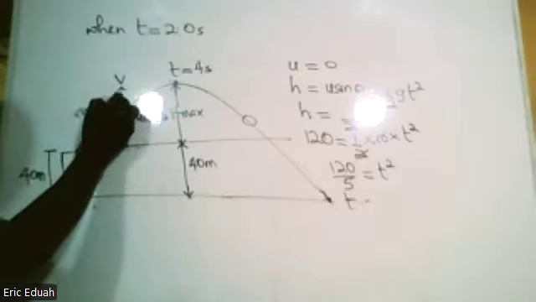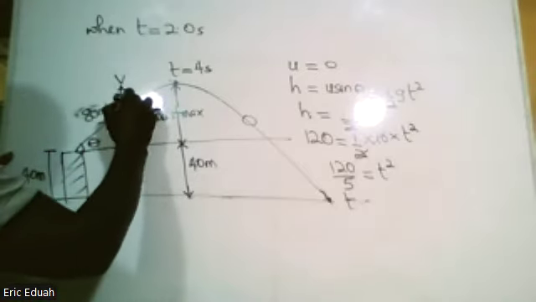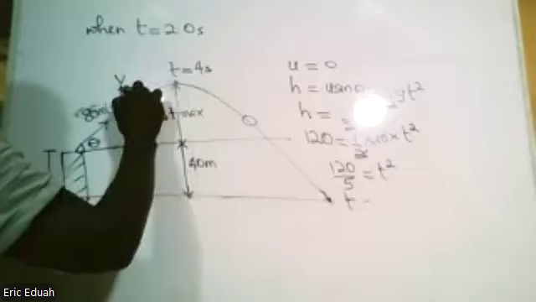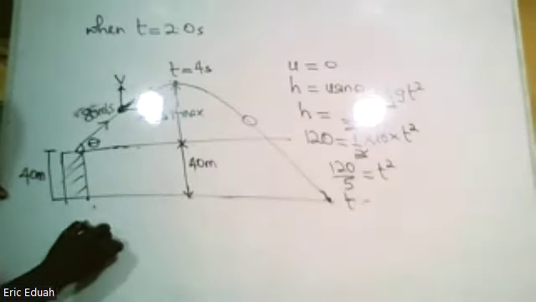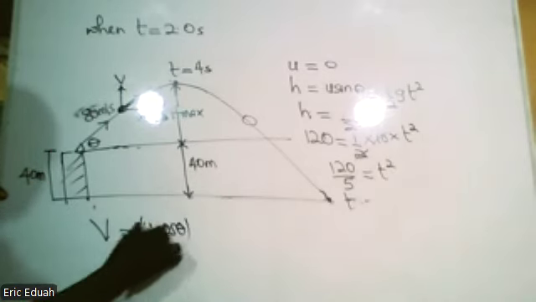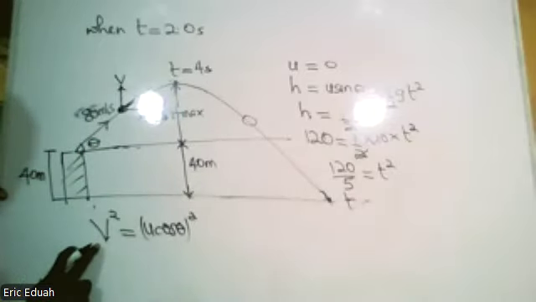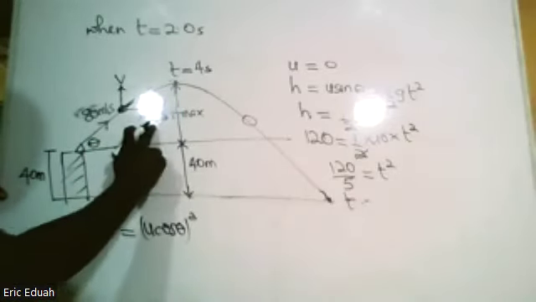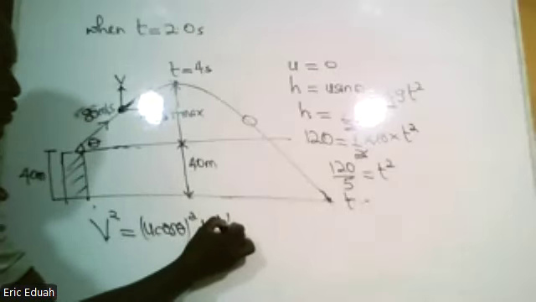Now this vertical velocity, when we resolve, we determine the resultant using Pythagoras theorem. So the resultant velocity squared will be V squared equals (u cos theta) squared plus the vertical velocity squared.